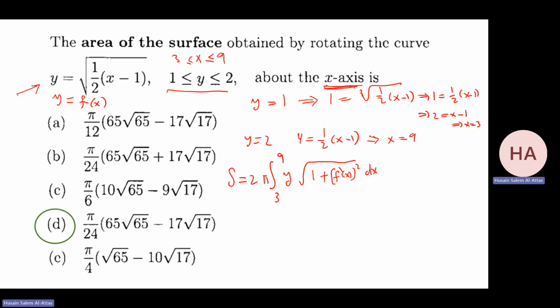It needs a little bit of calculation. Now, what will be f prime? This is y equals f of x. F prime of x will be what? 1 over 2, half x minus 1 to the power minus half.